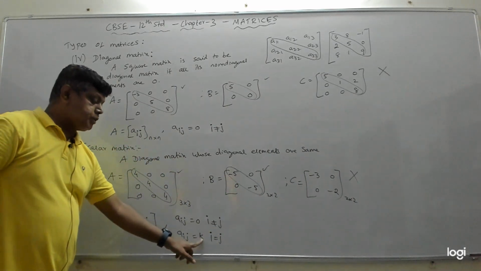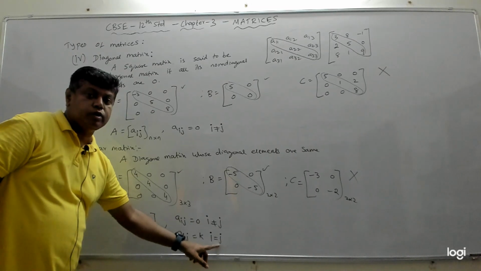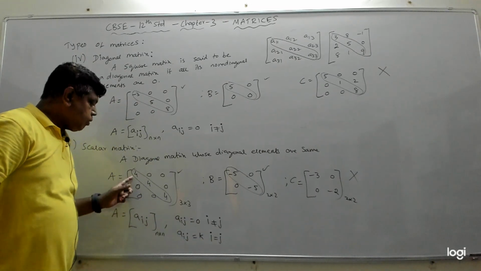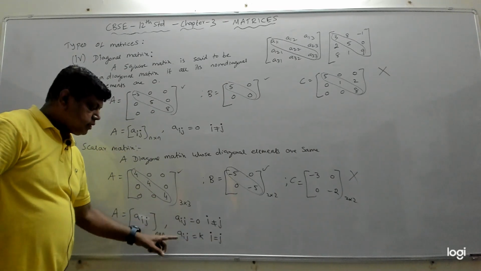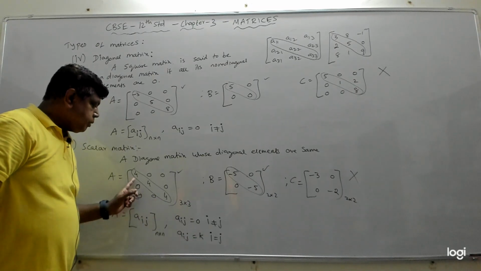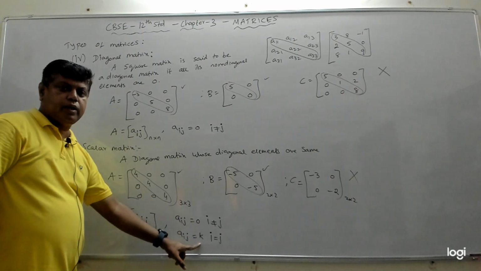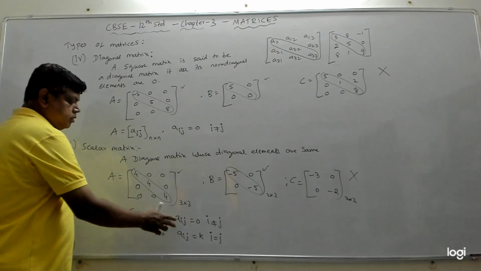It should be the same. Whenever i is equal to j, it means diagonal elements: A11, A22, A33. All these should be k, the same number. k is any real number.